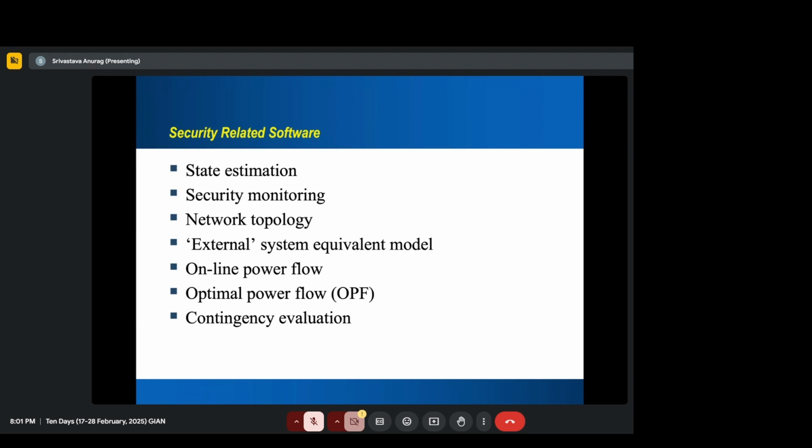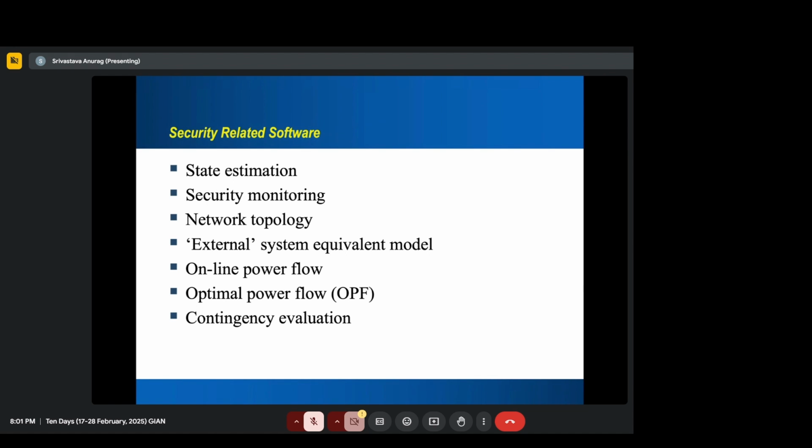and the sequence, right? We need to do the state estimation, we need to do the security monitoring, and the network topology is required to be estimated before we solve the state estimation or even solve the power flow. An external system equivalent model is needed so that we can see how much power is flowing to the neighboring states, because we don't know the model of that, but we need the equivalent aggregated model for all the neighbors which connect to the power network that we are trying to solve.